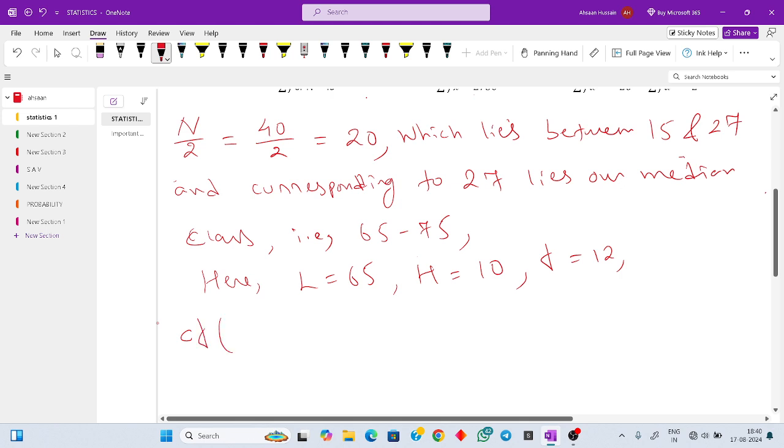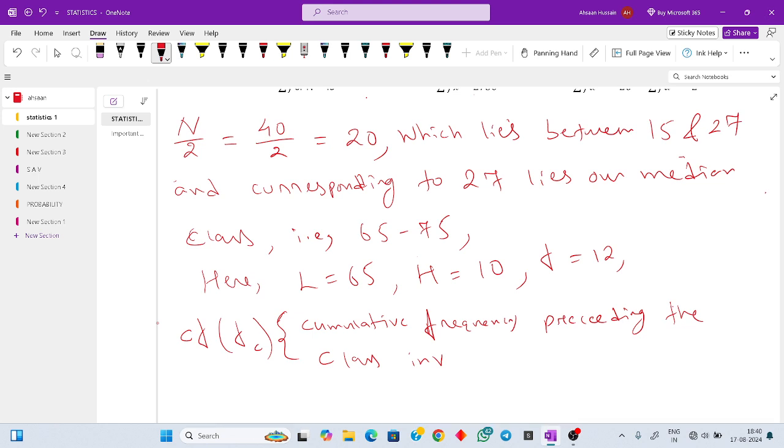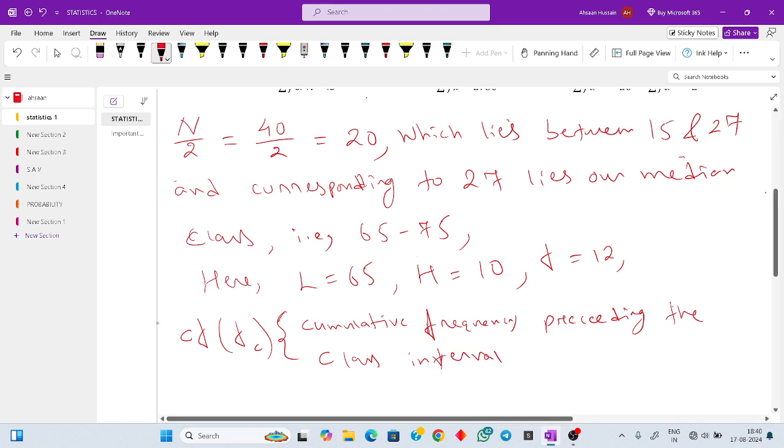And one more thing we need is CF, or sometimes we call it FC. It means cumulative frequency preceding the median class.